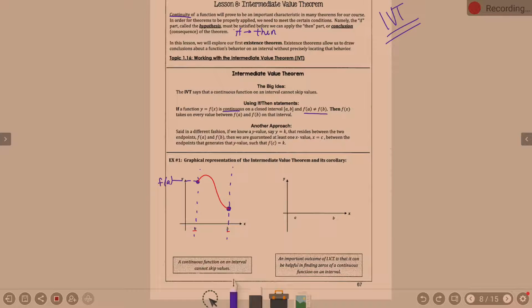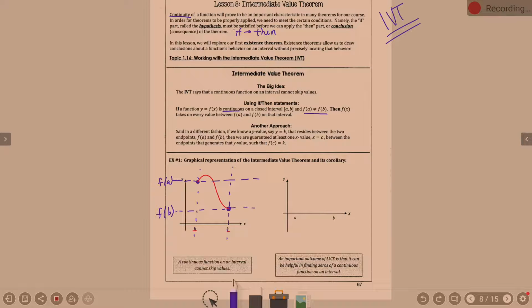Because if the input is A, what's the output? F of A. Down here, we have a B. Well, if B is the input, what's the output? And that's f of B.